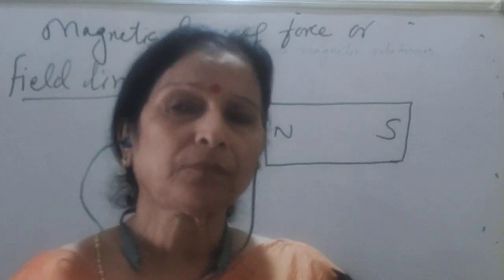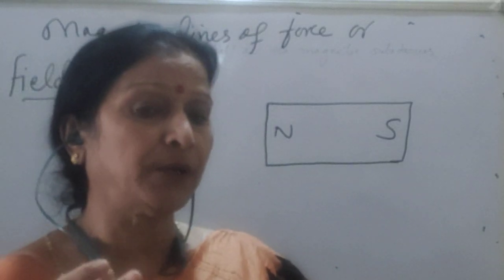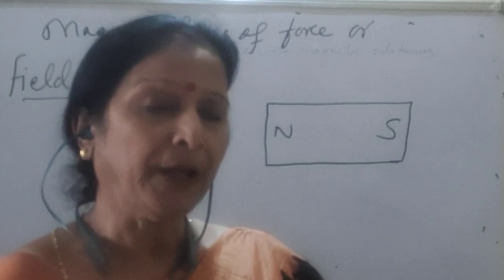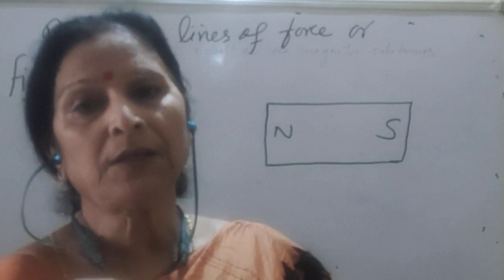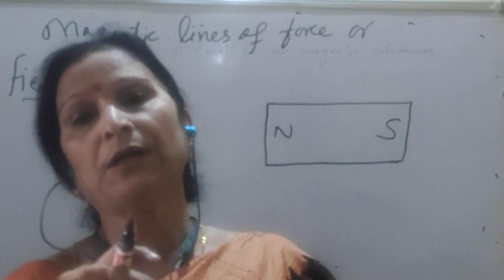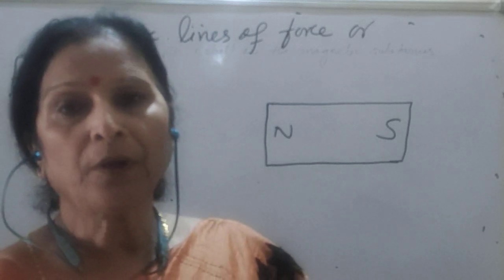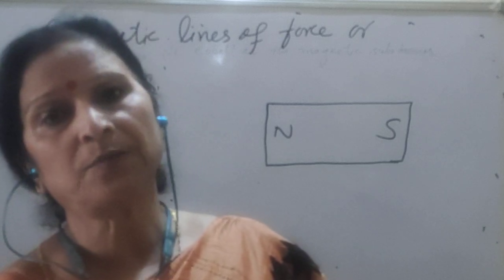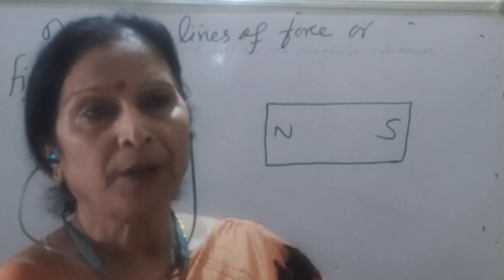Actually, electrons flow, but the direction of current is taken from the positive terminal to the negative terminal of the cell, or from the positively charged body to the negative one.